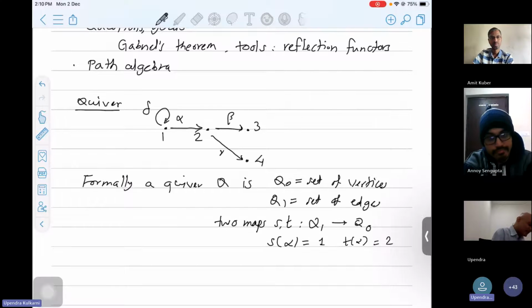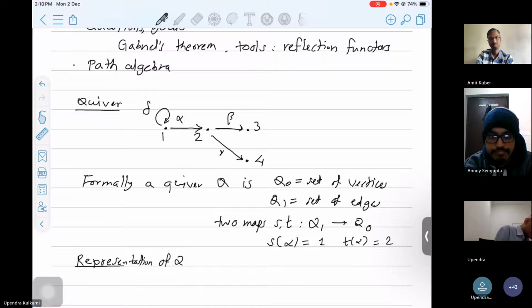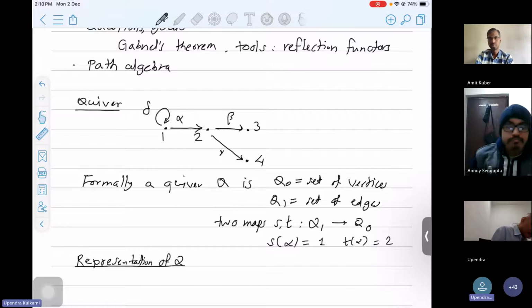So as I said, the interesting thing is not quivers, but their representations. So what is a representation of a quiver? A representation of a quiver Q, let's say V, is just an assignment.